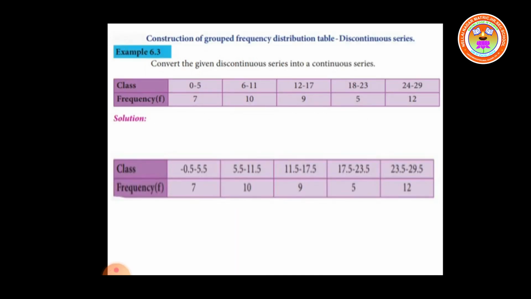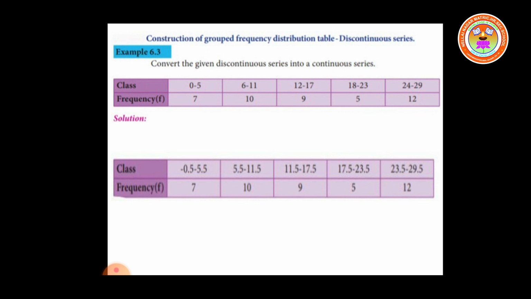Next one, construction of grouped frequency distribution table for discontinuous series. See, here the frequency will be the same, but the class intervals will be changed as for a continuous series. 0 to 5, 6 to 11, 12 to 17, 18 to 23, 24 to 29. See, the first class interval upper limit is 5, the second class interval lower limit is 6. So the gap is 1. So half of the gap is 0.5.